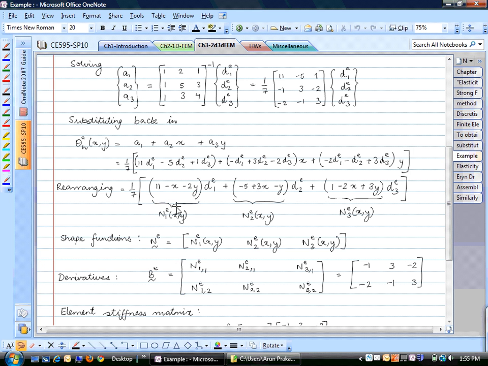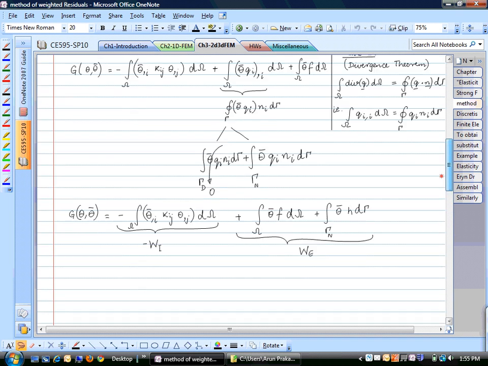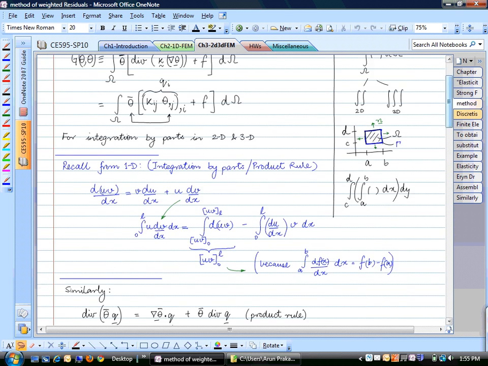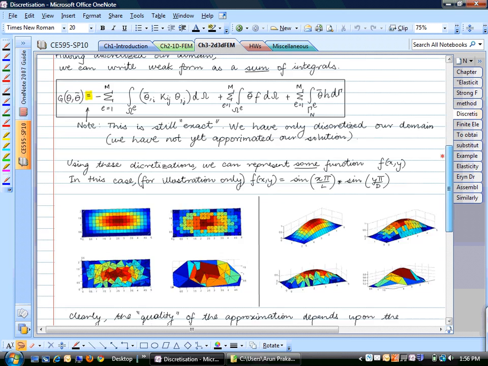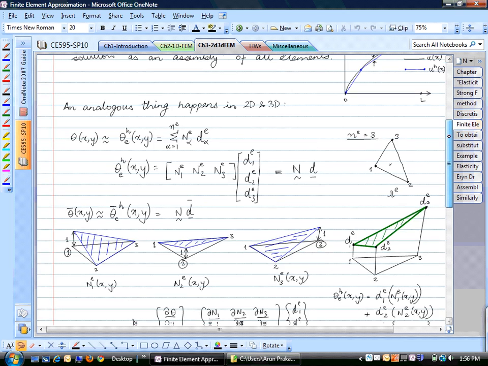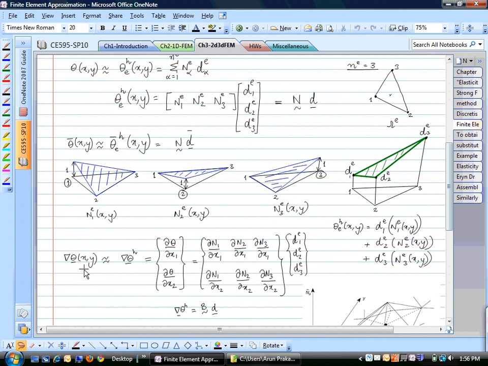Now that you have this N1, N2, N3, the shape function matrix is simply 1 cross 3, 1 row, 3 columns. The derivatives of those shape functions were coming from the temperature gradient. So if you go back and take a look here, this is the temperature gradient.